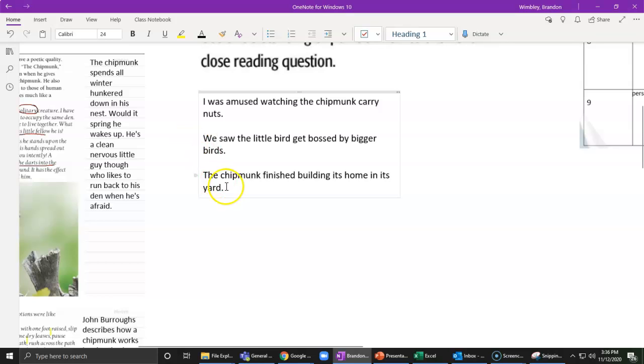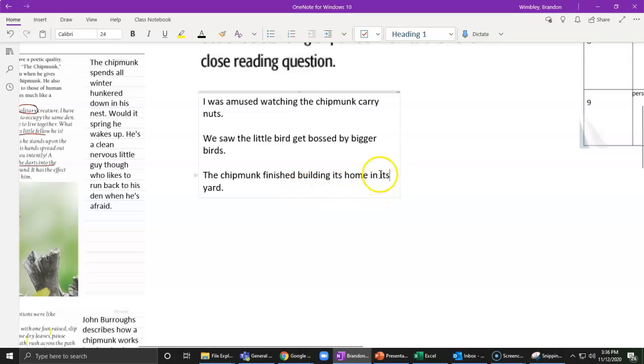Now this one, number 3, is a little bit trickier. The chipmunk finished building its home in its yard. Now we don't want to just change this chipmunk to I, as in I finished building its home in its yard, because that chipmunk's one of our important characters. So there's something else that we have to change in order to make it first person.